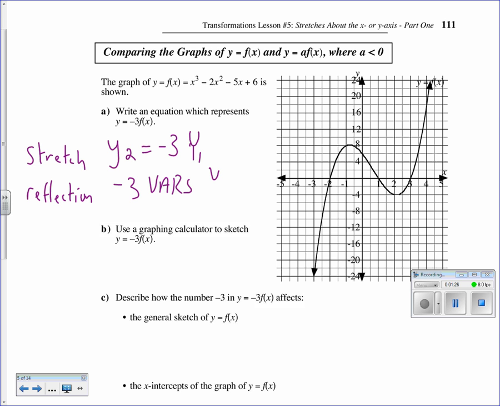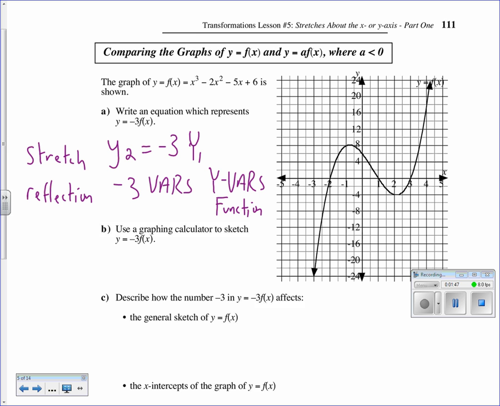Then we want to go to y vars, vars standing for variables. Now I want function, which is number 1. Hit enter, and now I'll have the opportunity to type y1. So now I don't have to retype all of that.